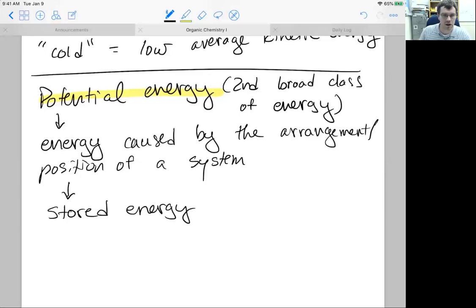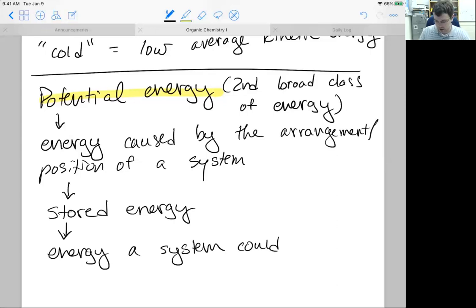Another way of thinking about it is it's the energy a system could potentially have if it were set to motion.